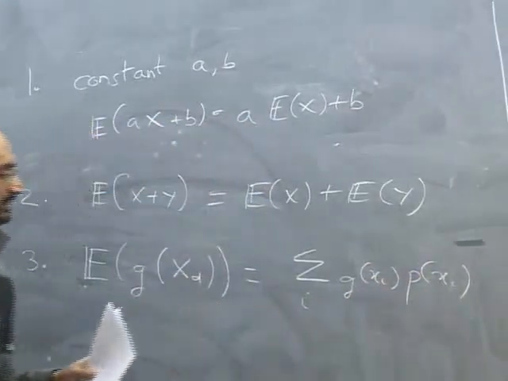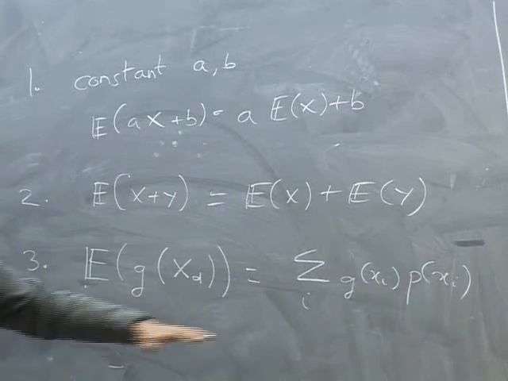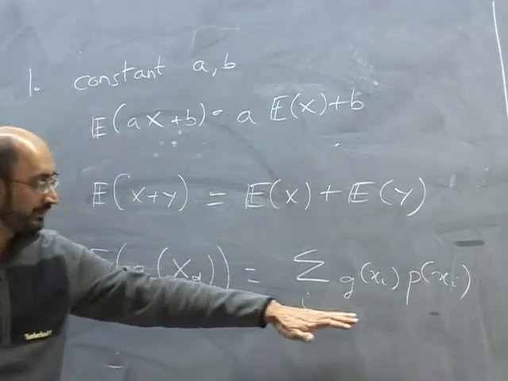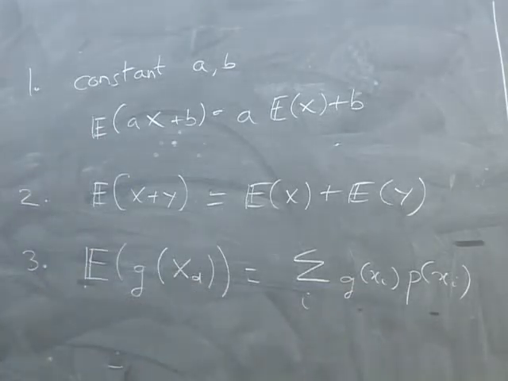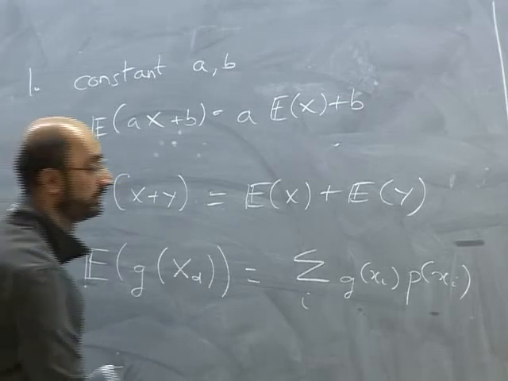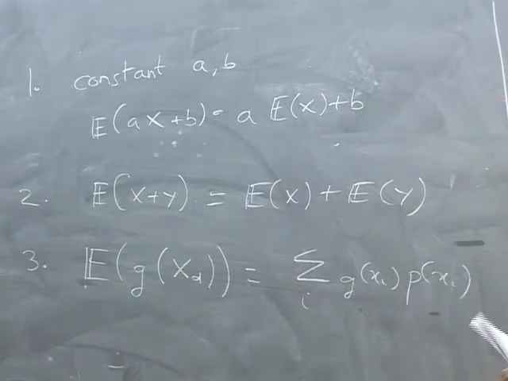So what we're saying is that we are going to take the density function, instead of multiplying with x_i, we're going to multiply g of x_i instead. That's the meaning of this. And I guess I'll do an example of that just to show you what's going on.